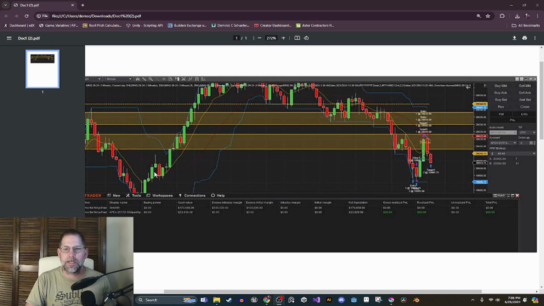It's too bad I don't have the highlighted structures that I took, except for my third trade, which was here. And then I also had an order block that extended.